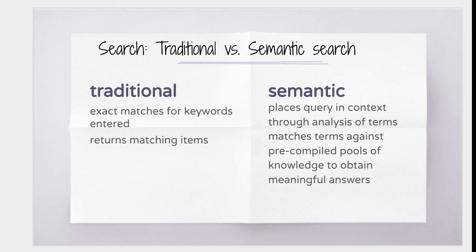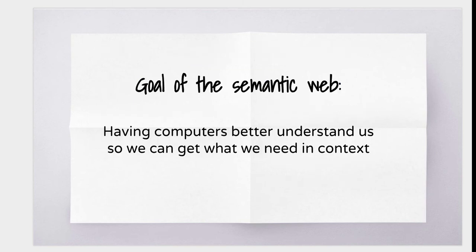It analyzes terms and matches them against precompiled pools of knowledge to obtain meaningful answers. The goal is to have computers better understand us so we can get the things we need in context. So the semantic web describes the tools meant to link data and people in the web, in contrast to the traditional search methods like Boolean logic and algorithms, popularity, or matching words via text strings.